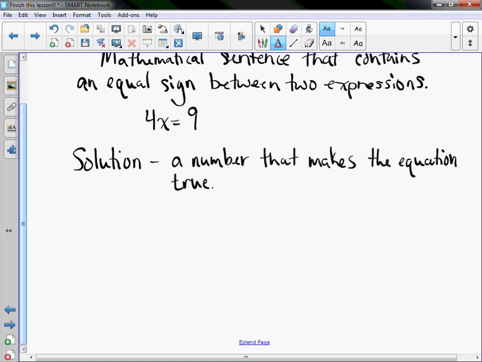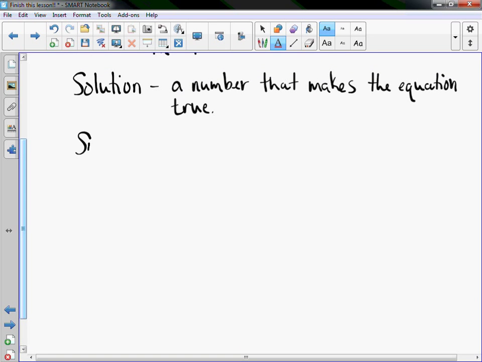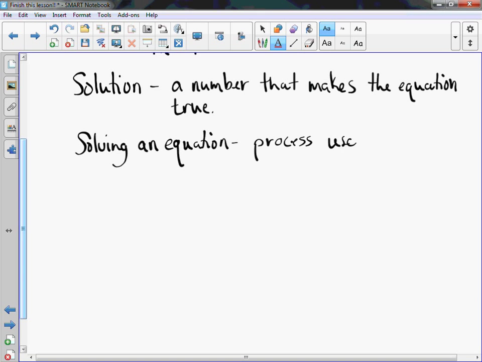And the process of getting a solution is called solving the equation. And that's the process used to find a solution.